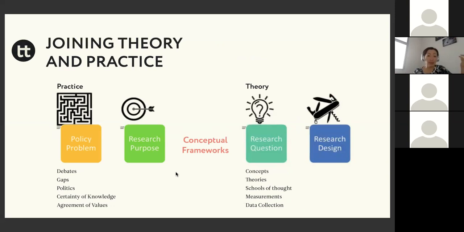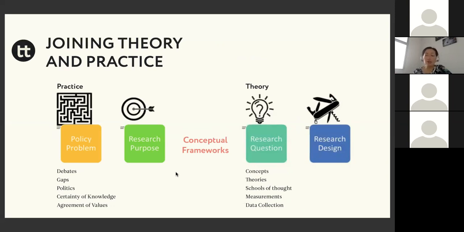All these are the more conceptual part of our thinking that respond to the practical or pragmatic side of the policy problems. And as you can see, up until now, and we only have 20 minutes left for this part, we've been focusing primarily on understanding the practical part of the policy problems.